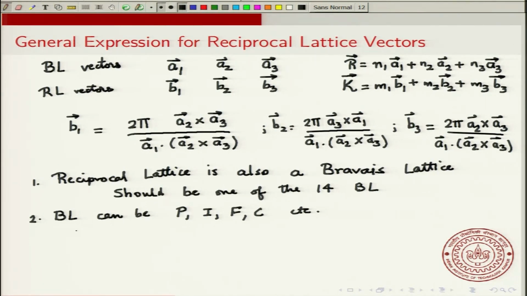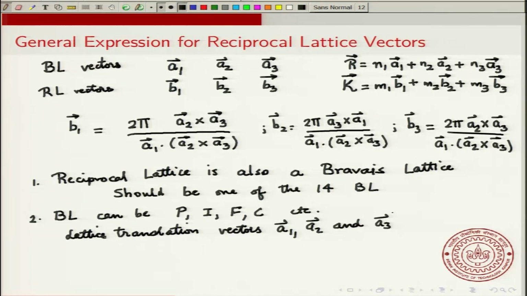What is important is that the lattice translation vectors A1, A2 and A3 should be properly chosen.